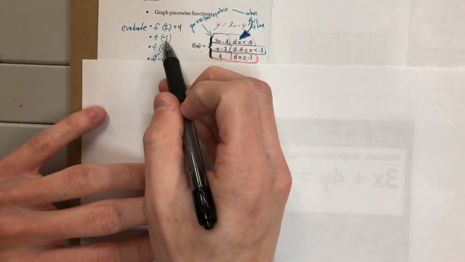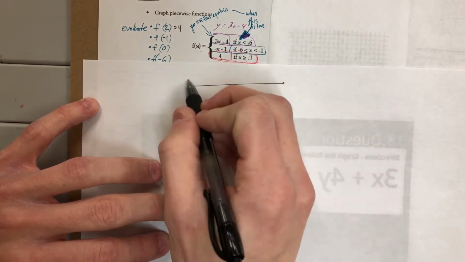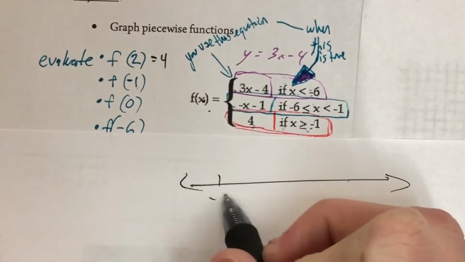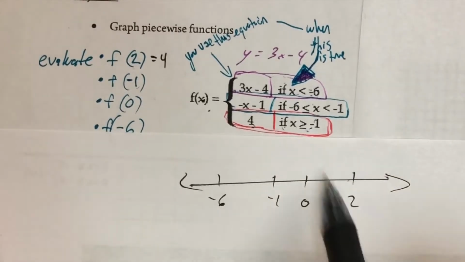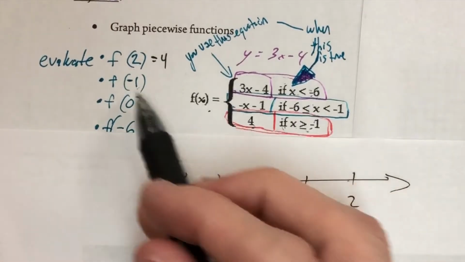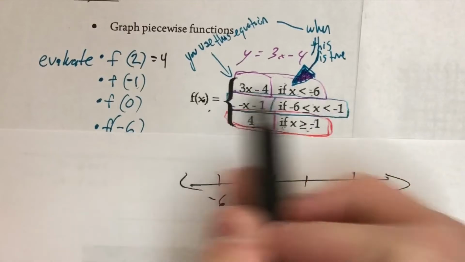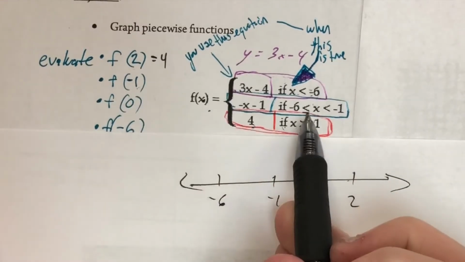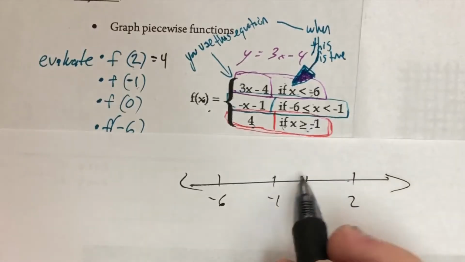For f of negative 1, we're just going to see where negative 1 falls with each of our constraints. If you want to do a number line, there's a couple key points I know I'm using. So negative 1, is it that way of negative 6? Definitely not. Negative 1, is it in between this and this?